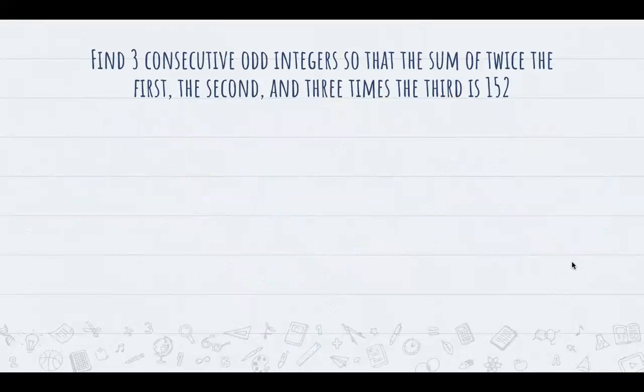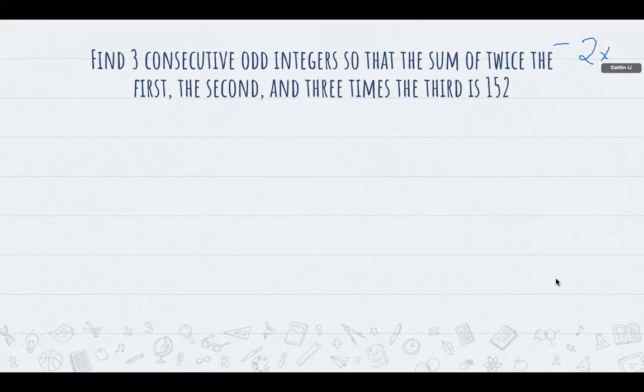This is our second problem. Find 3 consecutive odd integers so that the sum of twice the first, the second, and 3 times the third is equal to 152. So this one's a bit more detailed. Twice the first basically just means 2x.